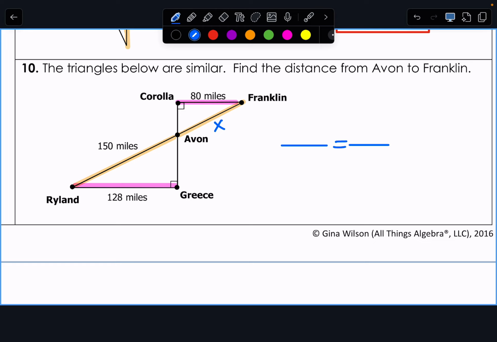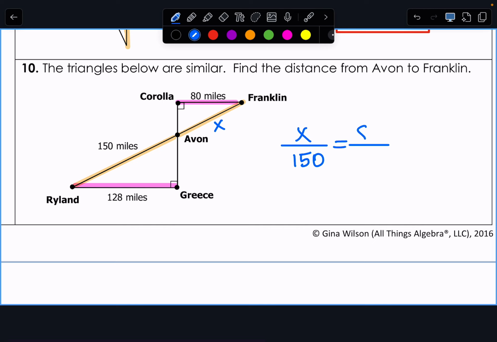If I choose X to go in the numerator of my ratio, Josie, what should I put in the denominator? So what corresponds with X? What one did I color the same? Yeah, so X over 150.